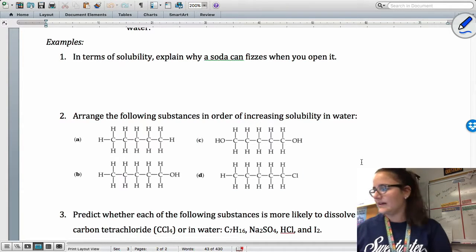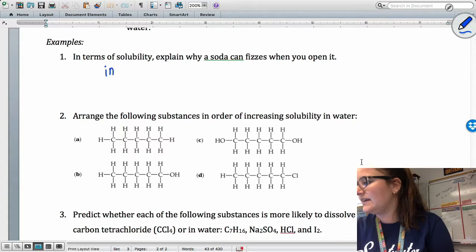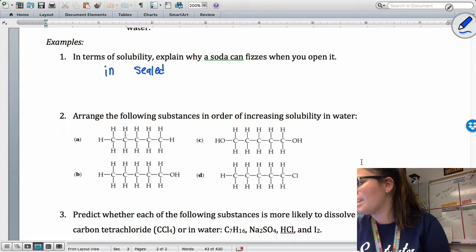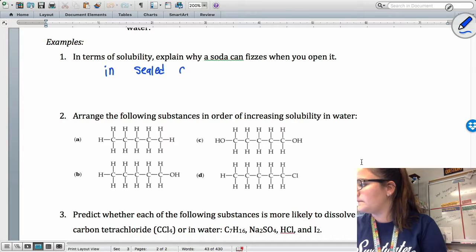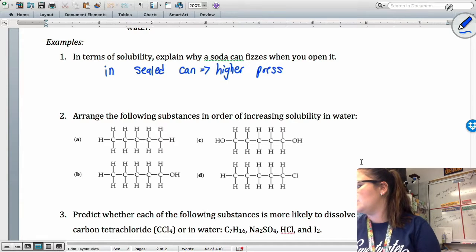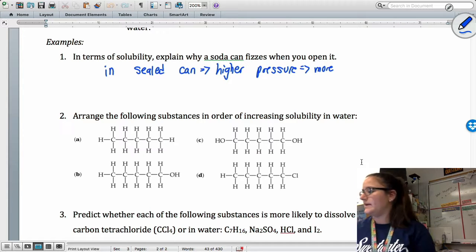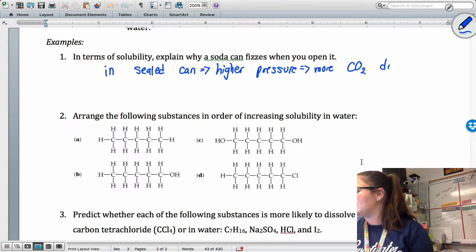So, like I said, when it's in the sealed can, it has a higher pressure, which means more carbon dioxide dissolved, since the gas in soda is carbon dioxide.